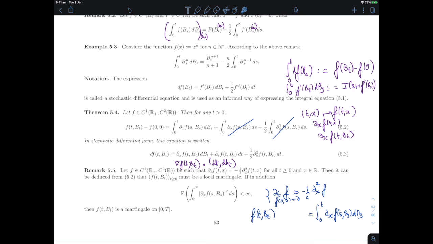You give me a function of time and the Brownian, if it happens to satisfy a certain PDE, and its derivative with respect to the second variable gives me an H2 process, so I have this condition, then I can deduce that f of (t, Bt) is a martingale. And that's going to be a technique we're going to use to show that a lot of things are martingales.